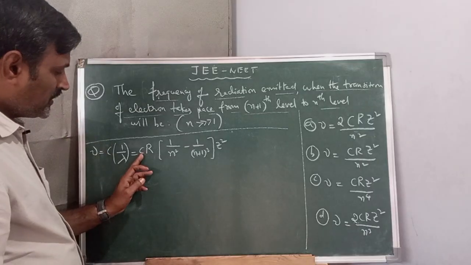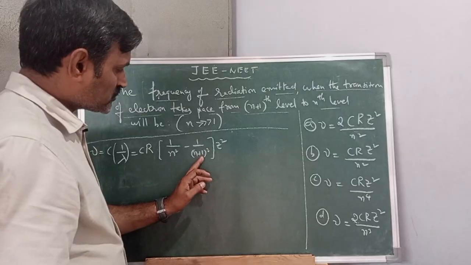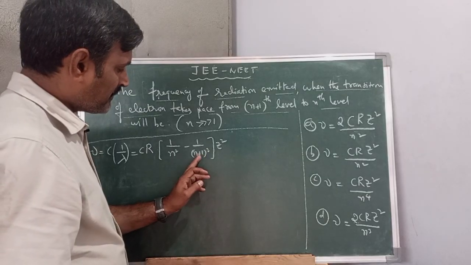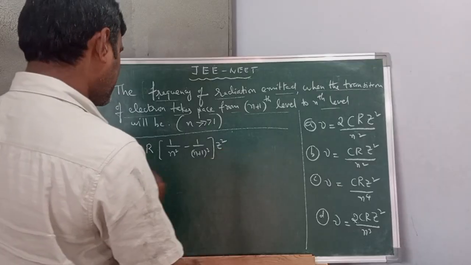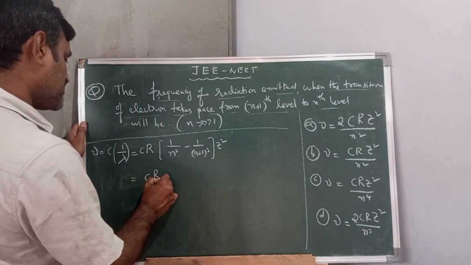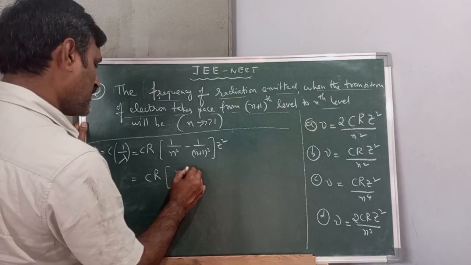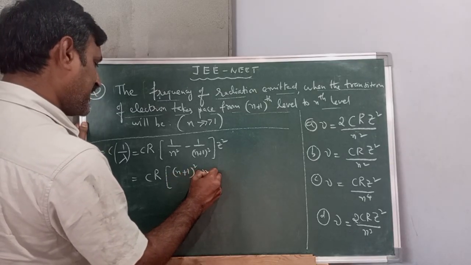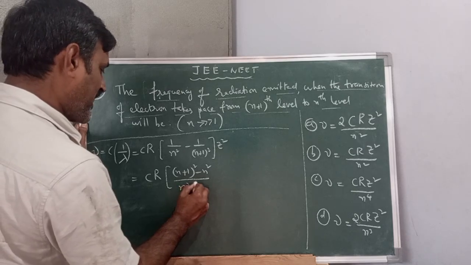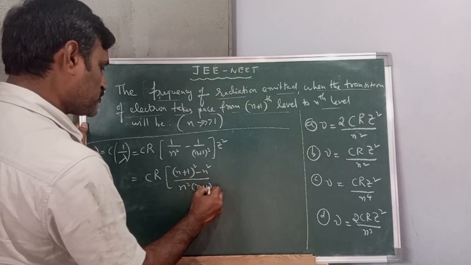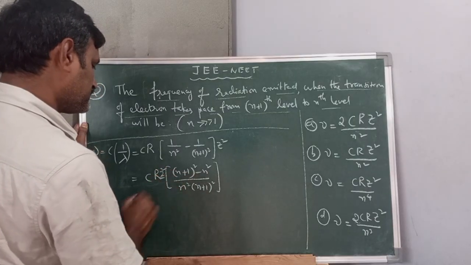So C into R into 1 by n square minus 1 by n plus 1 whole square into Z square. If you try simplifying this, it will become C into R, into (n plus 1 whole square minus n square) divided by n square into n plus 1 whole square, into Z square.